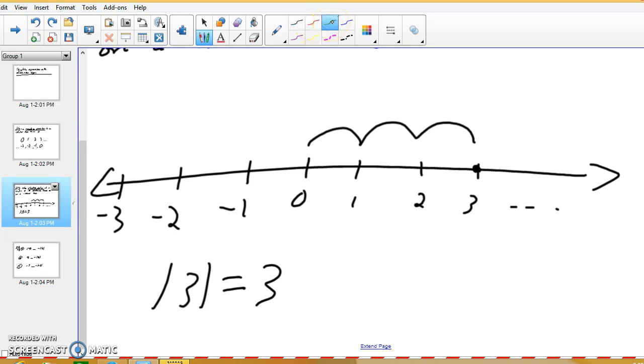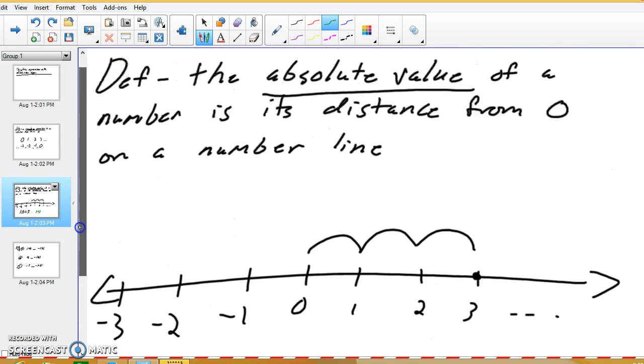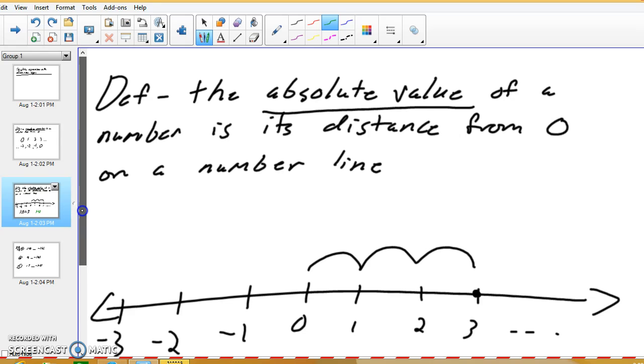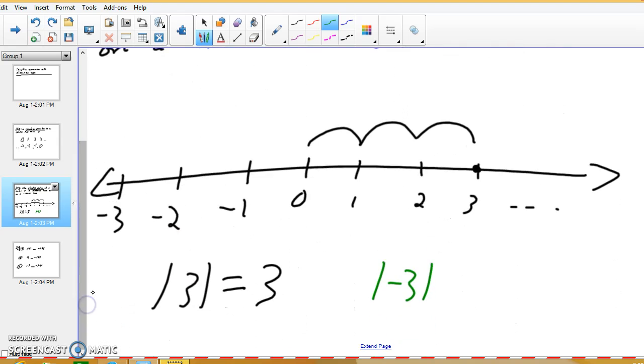Now, let's try it again, only now let's find the absolute value of negative 3. Again, the definition of the absolute value is the distance from 0 on the number line. So we want to see what the distance between negative 3 and 0 is. Well, it's 1, 2, 3. So the absolute value of negative 3 is also 3.